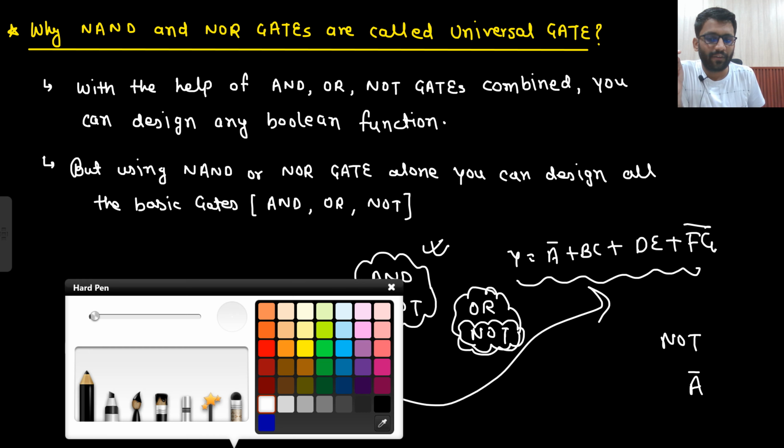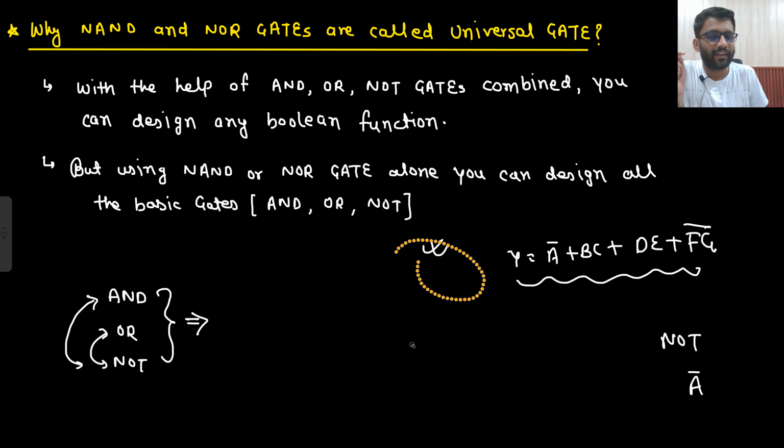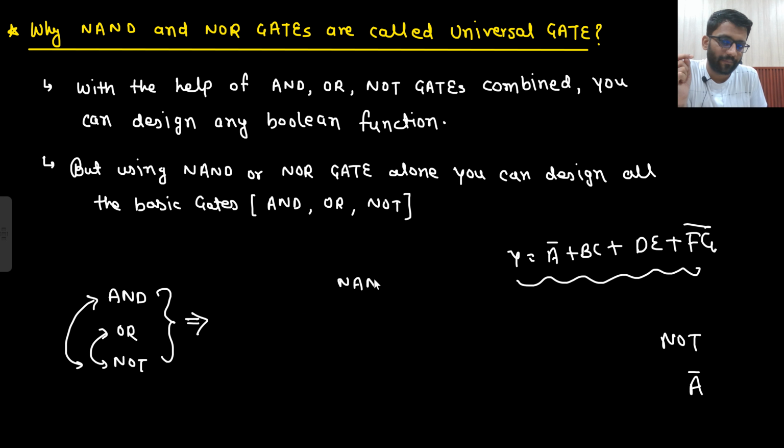But if I give you only NAND gate, and then I ask you, can you design this function? Then your answer will be yes, I can design this function. So only NAND gate is enough to design any Boolean function that is present in this whole universe. Or here I will type, I should not write OR because OR is also a gate.